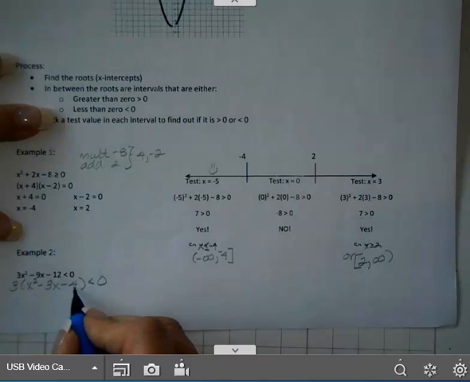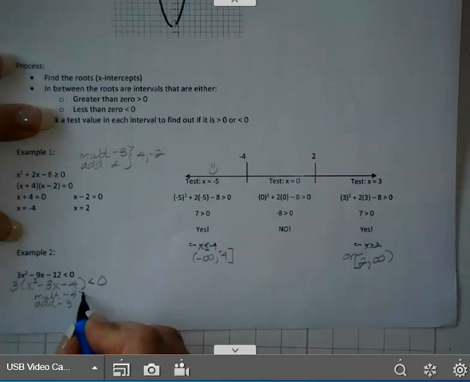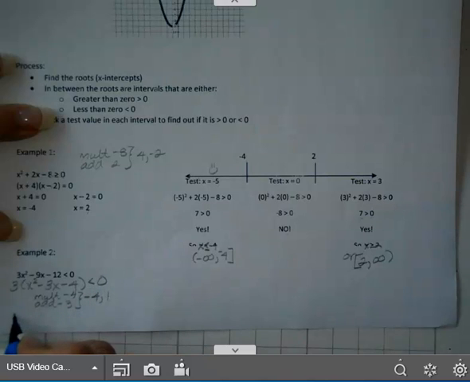I want it to multiply to -4 and add to -3. So that's going to be -4 and 1. So this factors into x minus 4, x plus 1, and that's multiplied by 3, and that's less than 0.